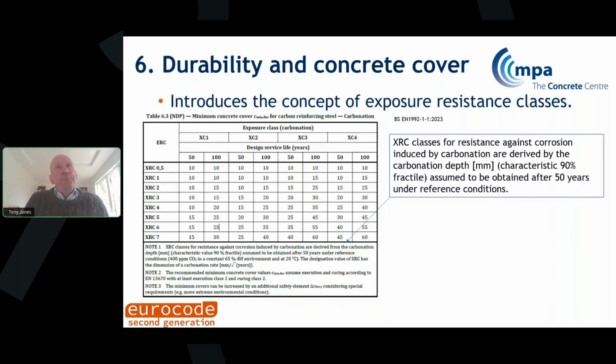The new Eurocode introduces the concept of exposure resistance classes. And the point of this was that it gave a method where if you tested your concrete in a standard test, then you could directly relate that to the cover you needed.